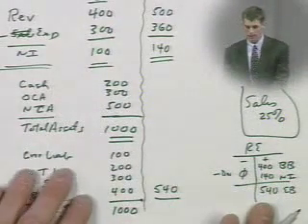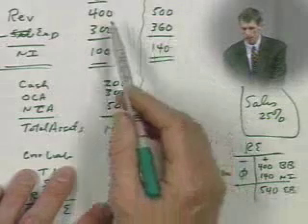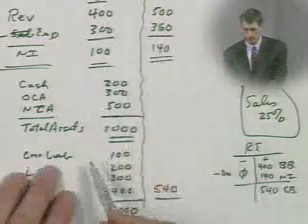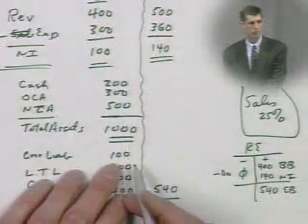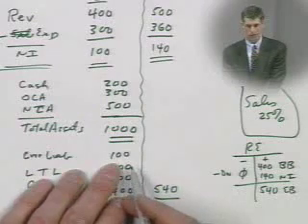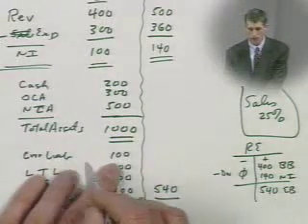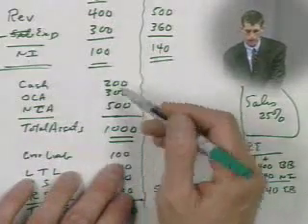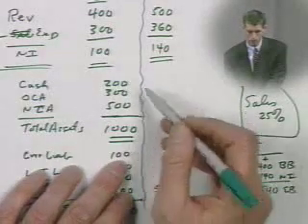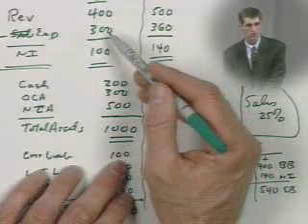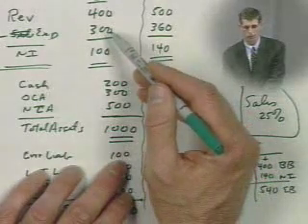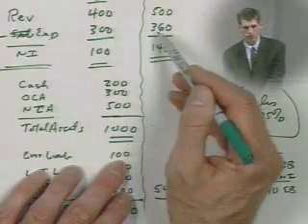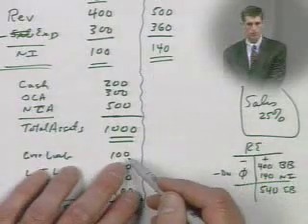If sales went up by 20%, then probably we have more current liabilities because we're buying more things. So maybe current liabilities go up by 25%. On the other hand, current liabilities are probably more closely related to our expenses.